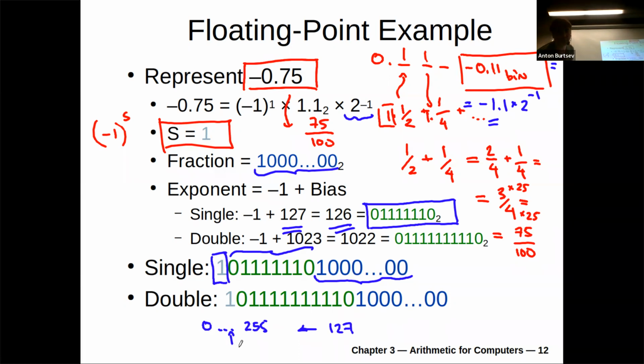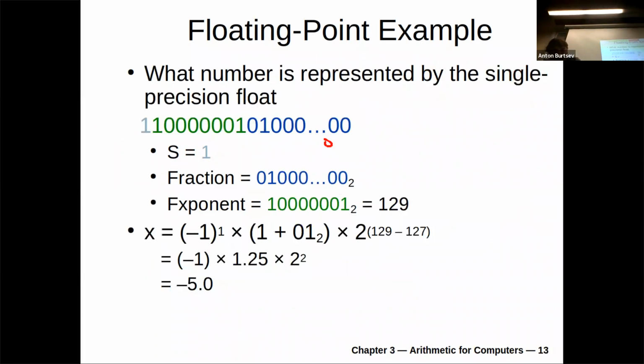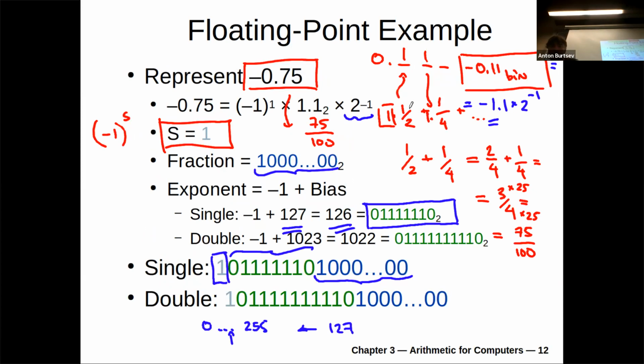Okay, so what if we want to do the reverse computation? If we have a floating point number in single precision format, which looks like this, we take the sign as S. Right, exactly.